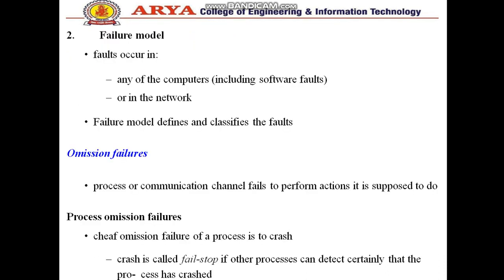Then failure models. The failure model means a fault occurs in any of the computers, including software faults, or a fault occurs in the network. The failure model defines and classifies the faults. Omission failures: the process or communication channel fails to perform an action it is supposed to do.